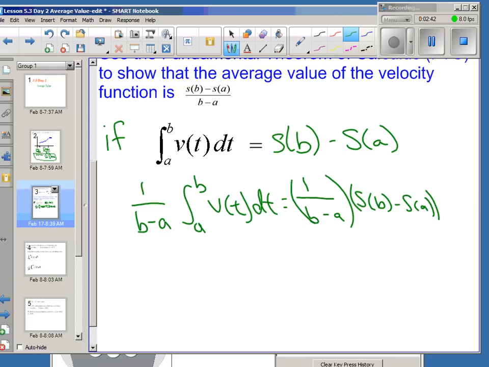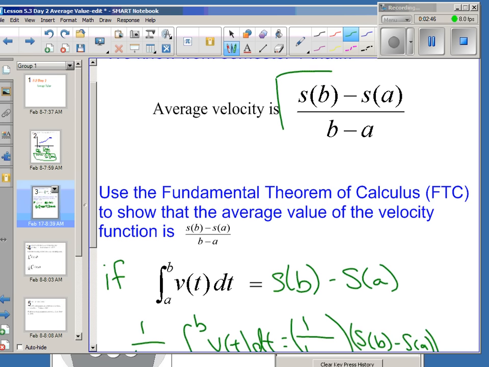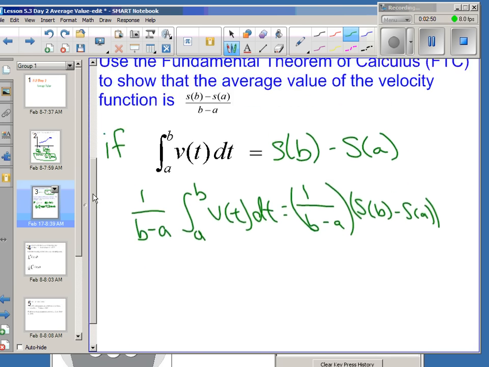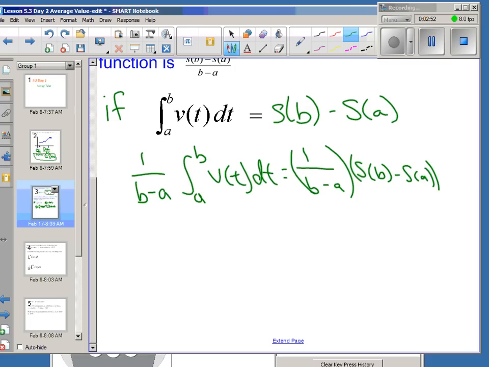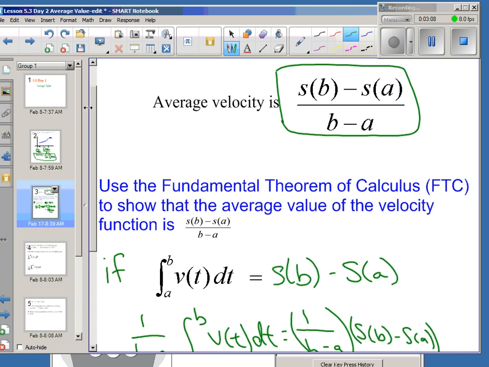And just so it looks the same as this equation up here, we can rewrite that right side as s of b minus s of a over b minus a. Okay, so again, just proving that what we said about the average velocity of a function was true using the fundamental theorem of calculus.